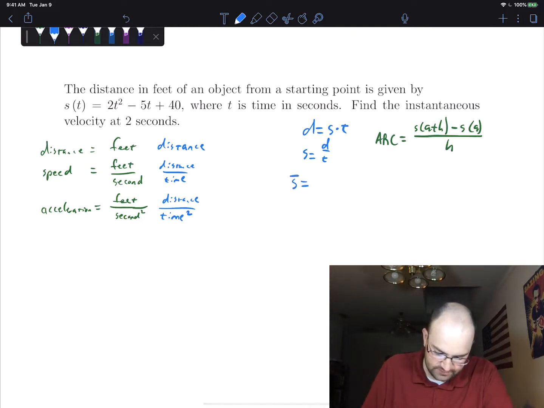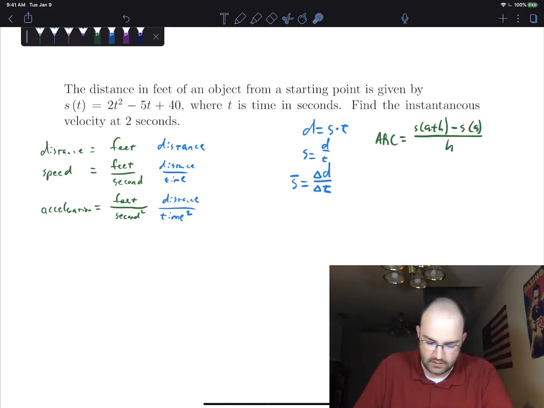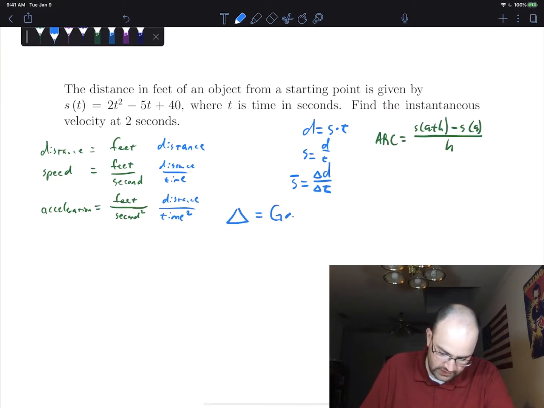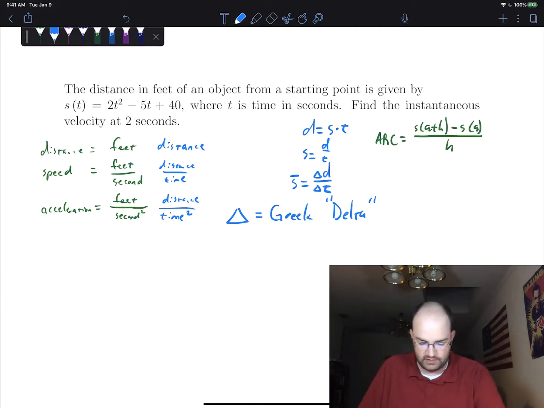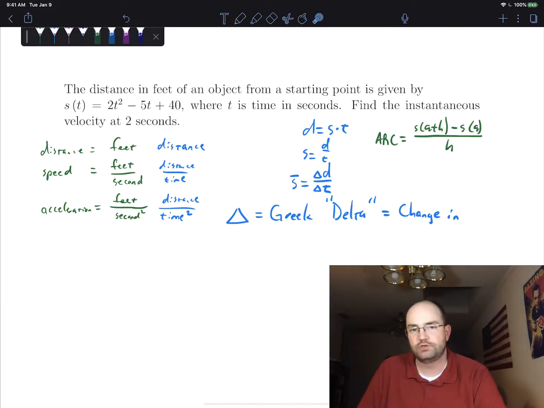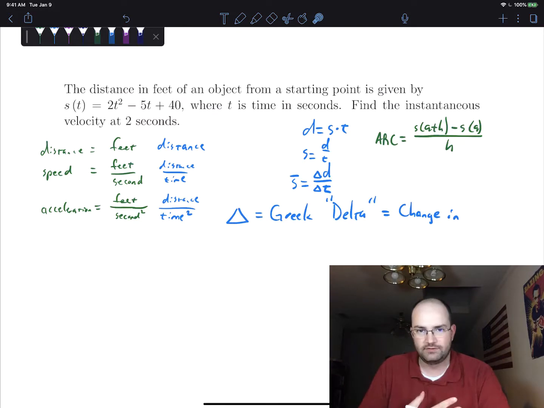The average speed would be the delta d over delta t. And this little delta is the Greek letter delta. Now, it just means change in whatever it is that you're talking about. In mathematics, that's what we use this capital delta for.